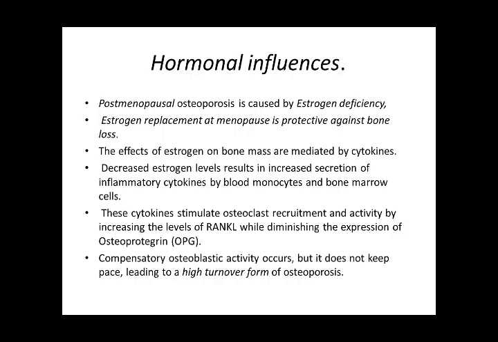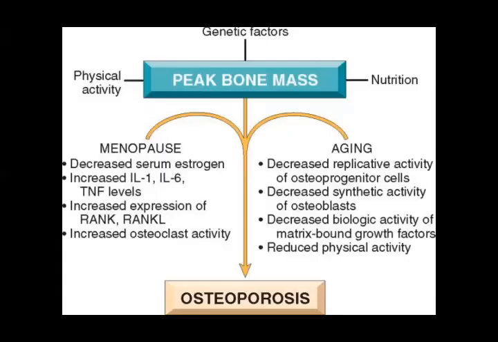The cytokines stimulate osteoclast recruitment and activity by increasing RANKL while diminishing the expression of OPG. So RANK is the receptor, RANKL is the ligand, and osteoprotegerin is the expression of the disease stimulant.